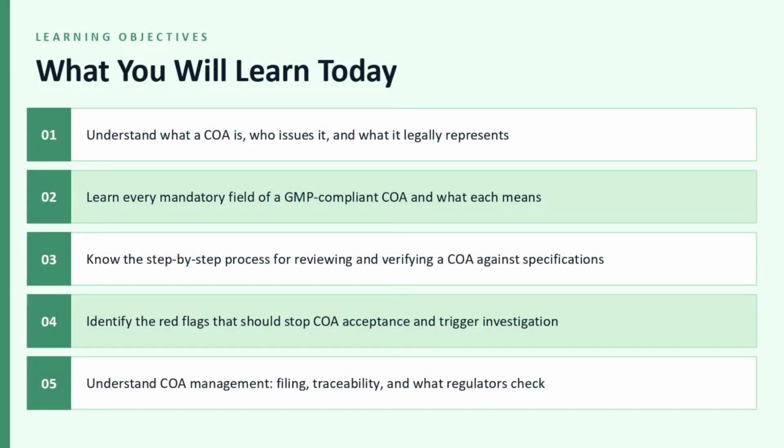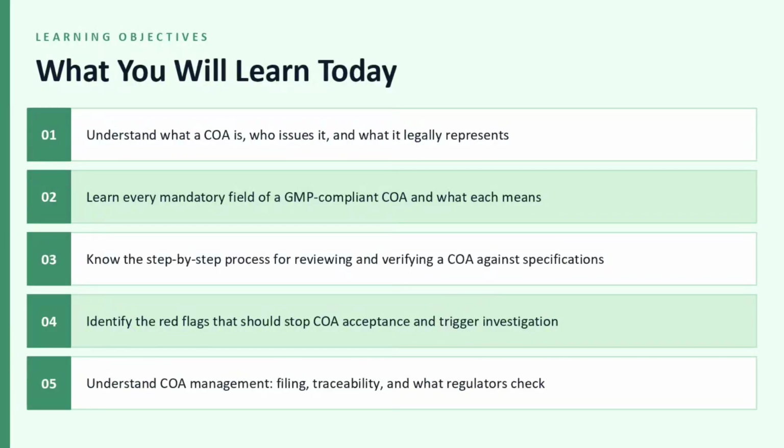Here is what we will cover today. Number 1, you will understand what a COA is, who issues it, and what it legally represents in a GMP context. Number 2, you will learn every mandatory field of a GMP-compliant COA and what each one means for your review. Number 3, you will learn the complete step-by-step process for reviewing and verifying a COA against your specifications.